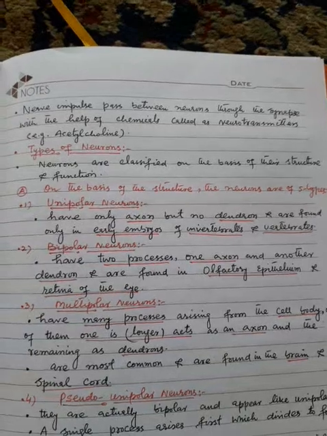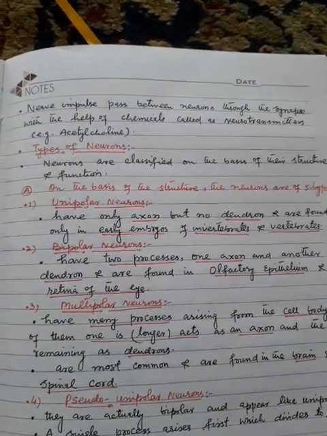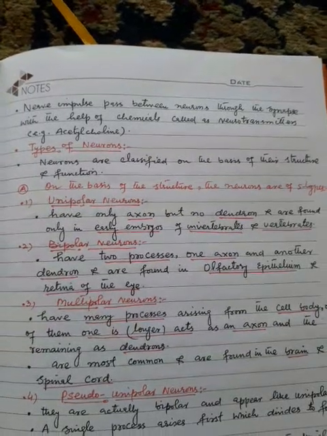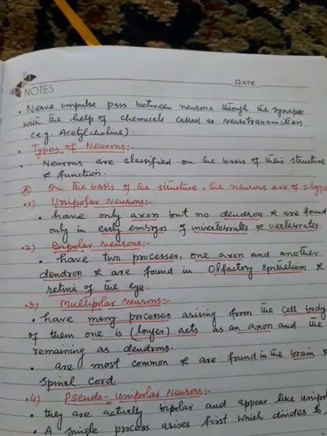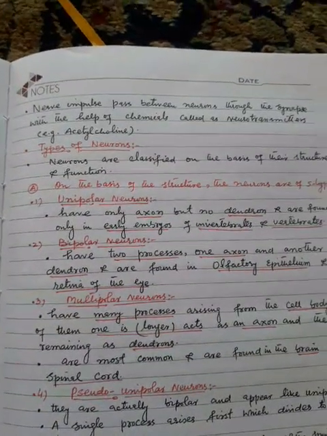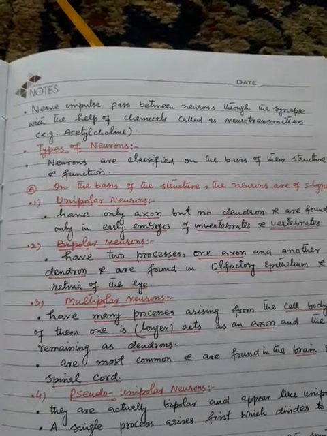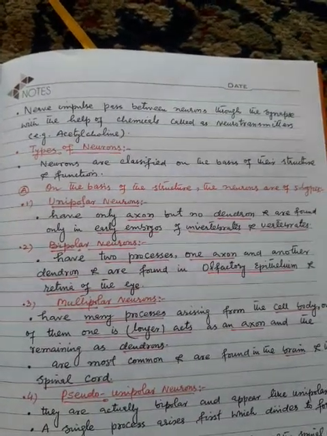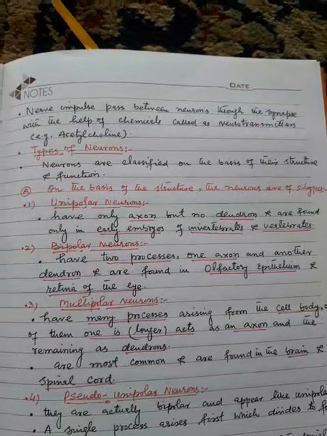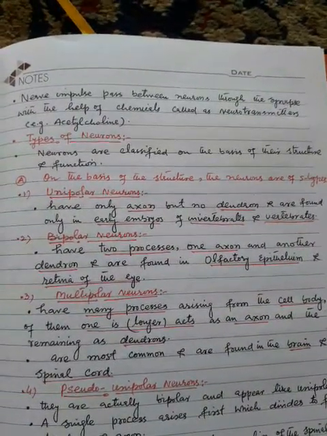Neurons are classified on the basis of their structure and function. On the basis of structure, the neurons are of five types, which include number 1, unipolar neuron. Unipolar neurons have only axon but no dendron and are found only in early embryos of invertebrates and vertebrates.